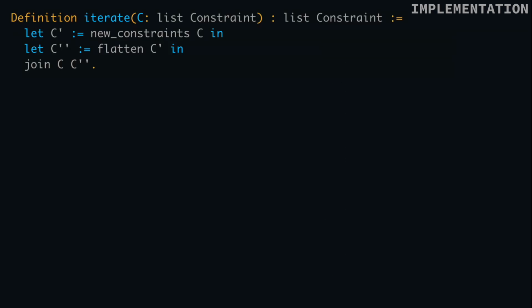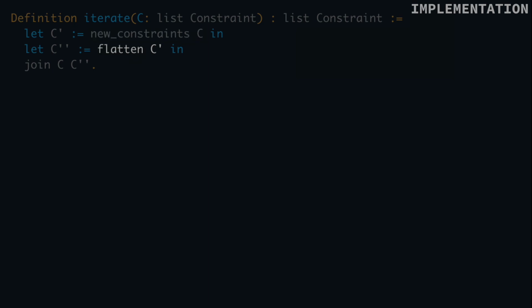To do so, this is the implementation of iterate that we have in this project. The new constraints function will just get all of those constraints that need to be added in order to improve on the previous iteration.